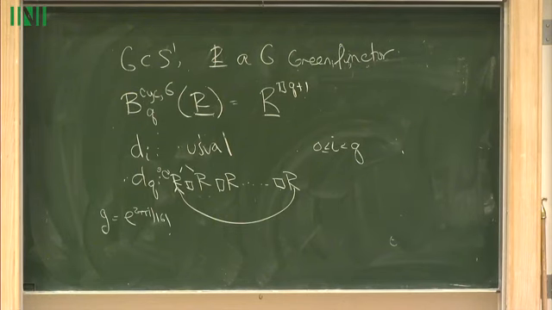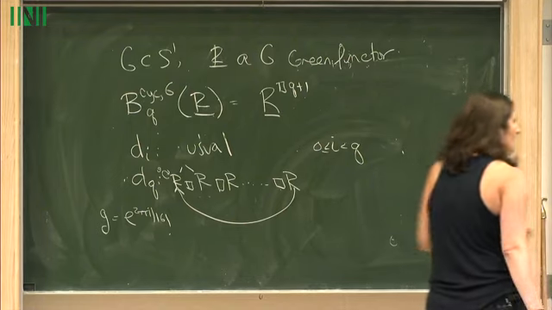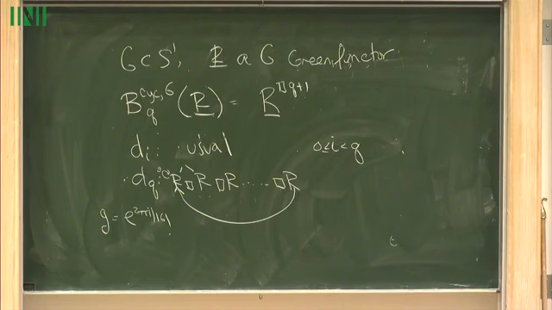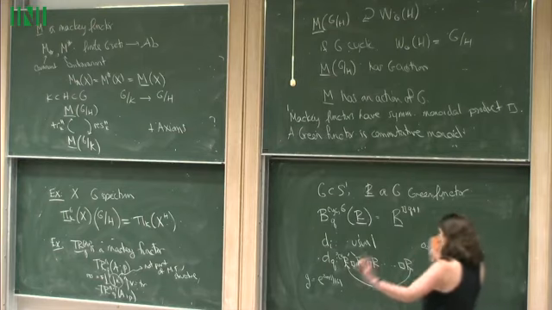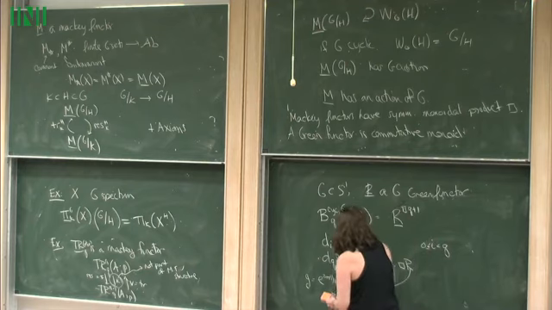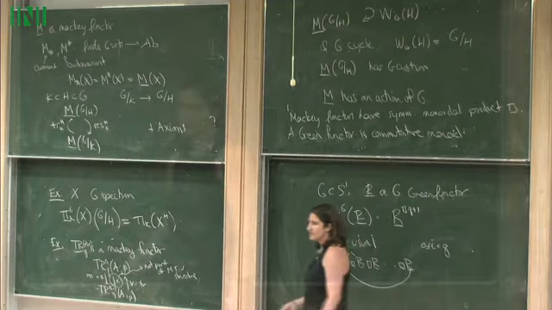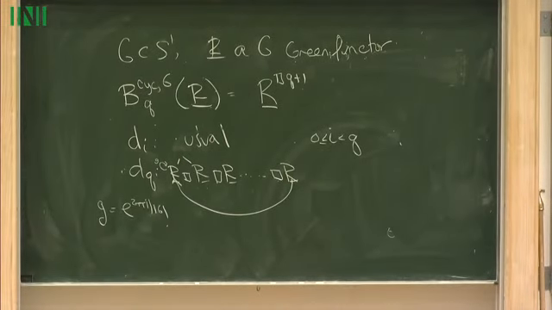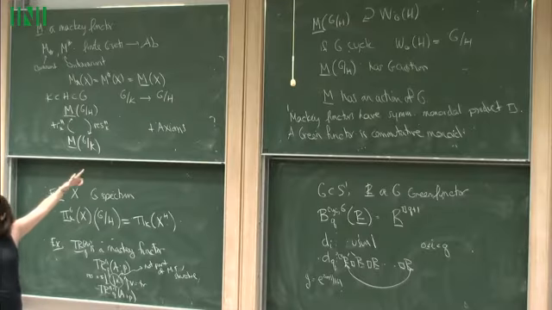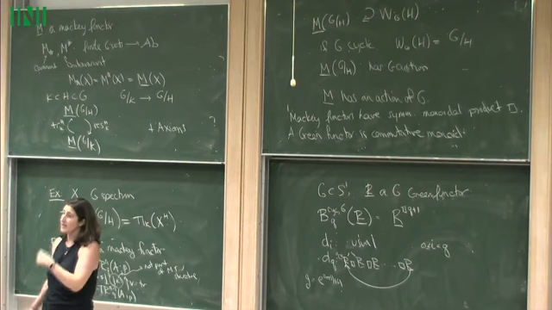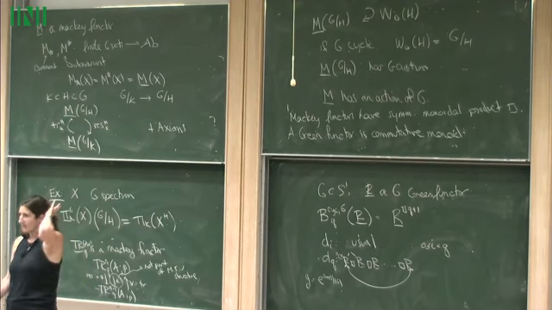So this gives me a twisted cyclic bar construction. In order to define my G-twisted Hochschild homology, I need just one more piece. What's acting by G on the G Green functor? In general that doesn't make any sense, to act by G on some Green functor. This is something special about the fact that we're working with a cyclic group, so the Weyl groups are all quotients, and we get a G action on the Mackey functor and hence on the Green functor.